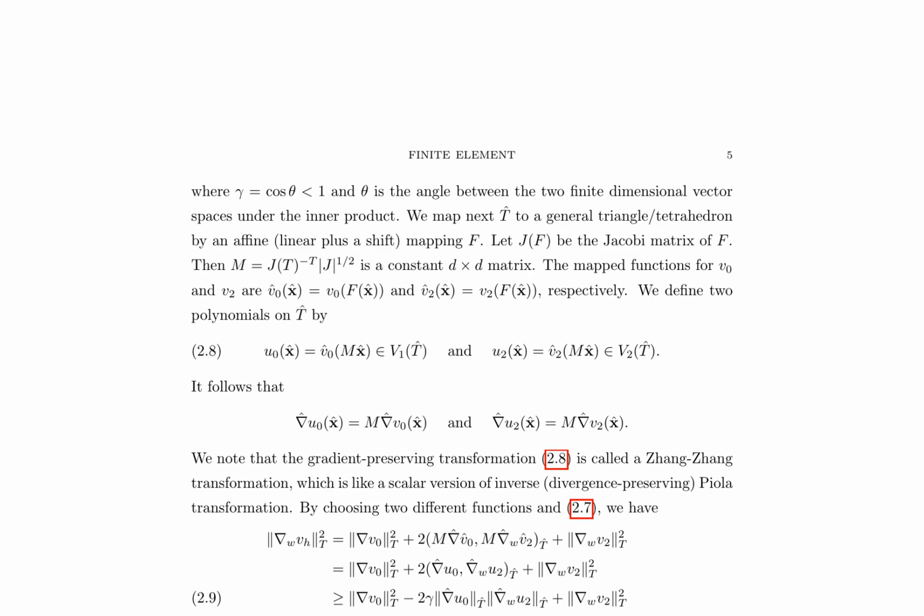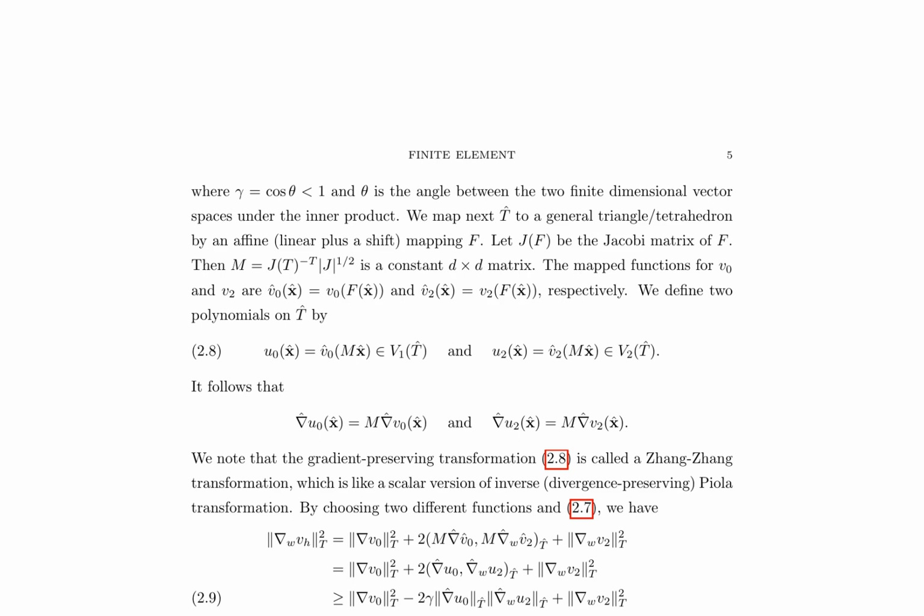This transformation ensures that the gradients of U0 and U2 are related to those of V0 and V2 via the matrix M. The Zhang transformation allows for the derivation of an inequality, bounding the norm of the gradient of WVH in terms of the norms of the gradients of V0 and WV2.